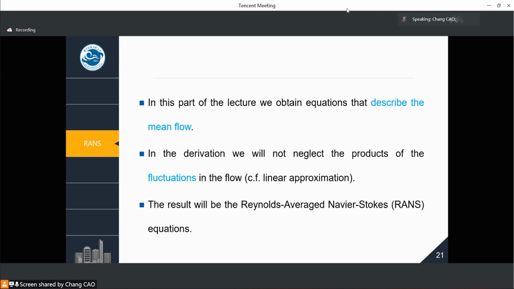Okay, it is because of the linear approximation here that we will also have a byproduct about fluctuations. And the whole result will be the Reynolds averaged Navier-Stokes equations. Okay, since that will take a lot of time, in today's class we will just stop here. Okay, in the next class we will begin with the derivation of RANS.